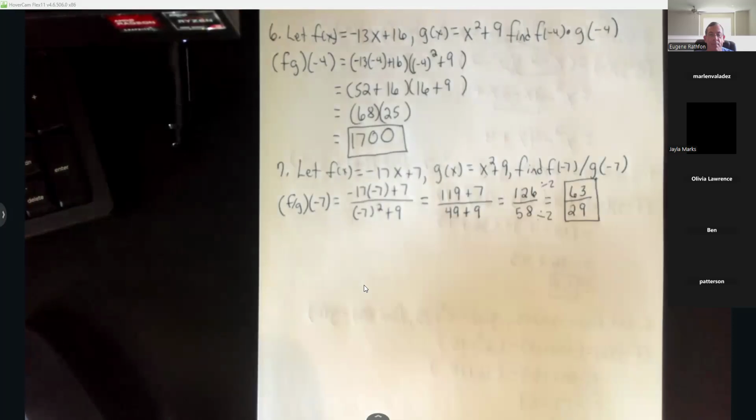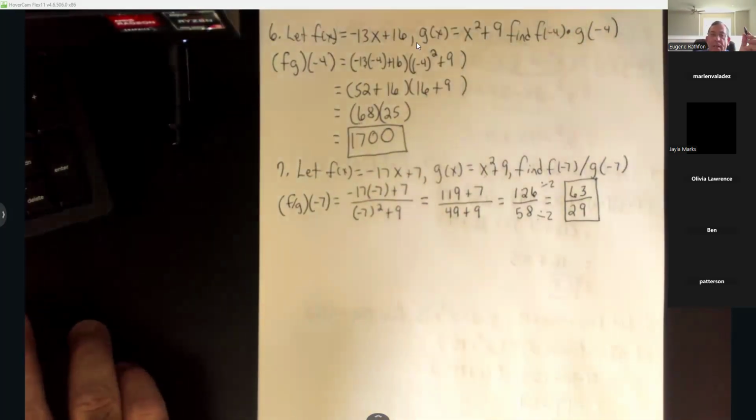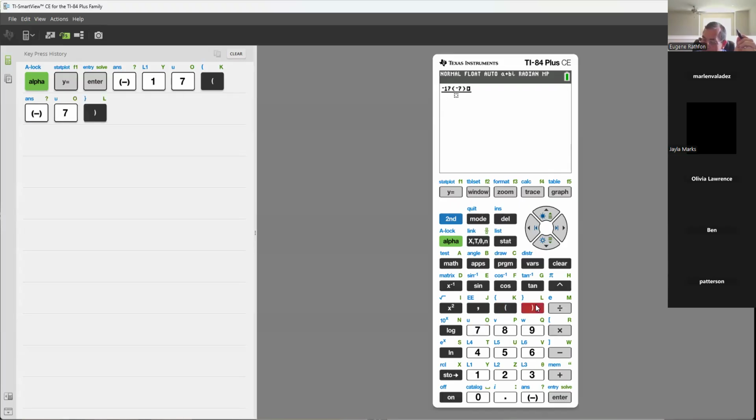But y'all, I'm going to share the calculator and show you how I would punch that in. I'm going to make it look like a fraction by hitting the green alpha button, y equals, and enter. On top I had negative 17 times negative 7, close parentheses, plus 7.